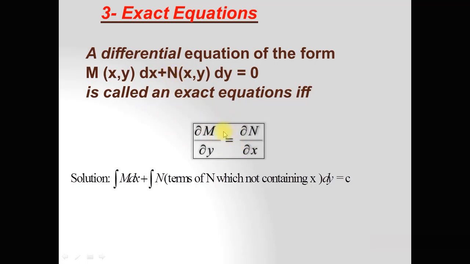If this condition holds, partial M by partial y equal to partial N by partial x, then the given differential equation will be exact, and then we can easily solve it by taking the integration of the M function with respect to x plus the integration of those terms of the N function which do not contain x, with respect to y, is equal to c.